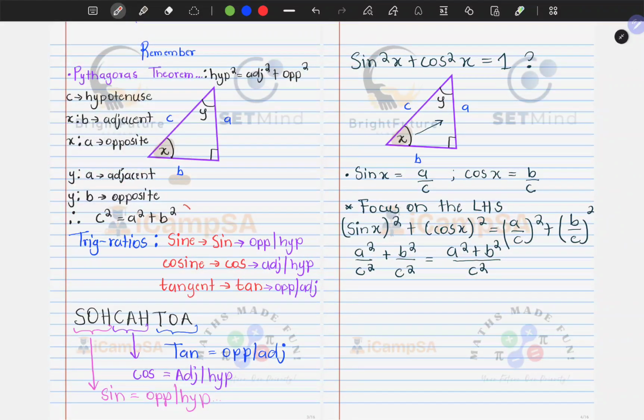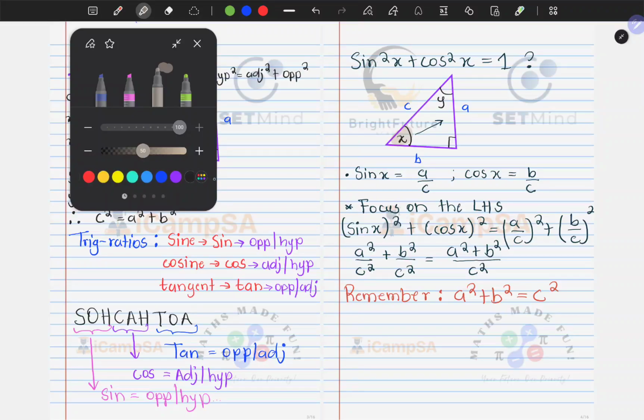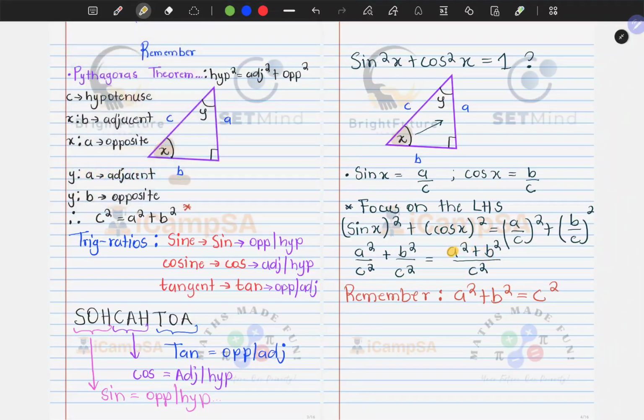Remember what Pythagoras told us: a squared plus b squared equals c squared. So what does this mean? We already know what this numerator is equal to.